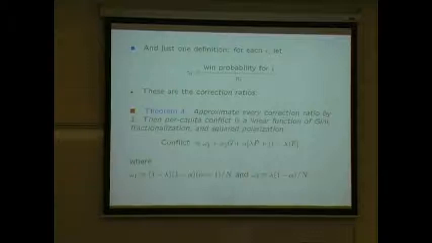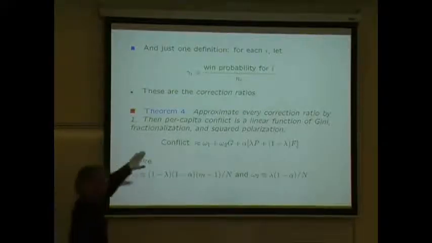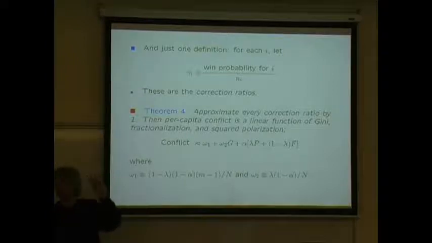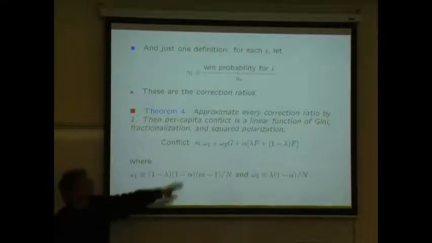Forget about the top of that slide. Just concentrate on the result below, theorem 4, which is the following: in this model that I have given you a very hazy outline of, it turns out that equilibrium conflict, which is measured by all the resources put into the system by all the different groups, is a linear combination of 4 numbers.